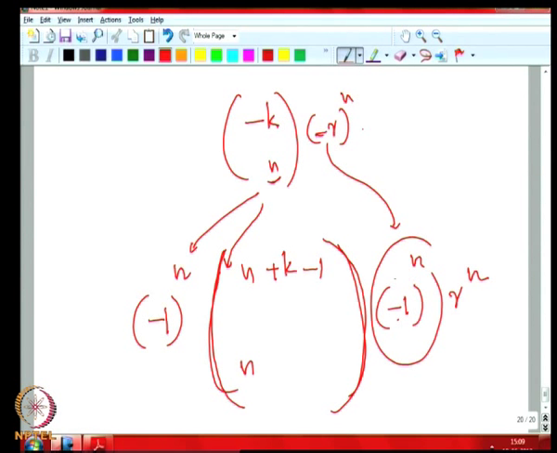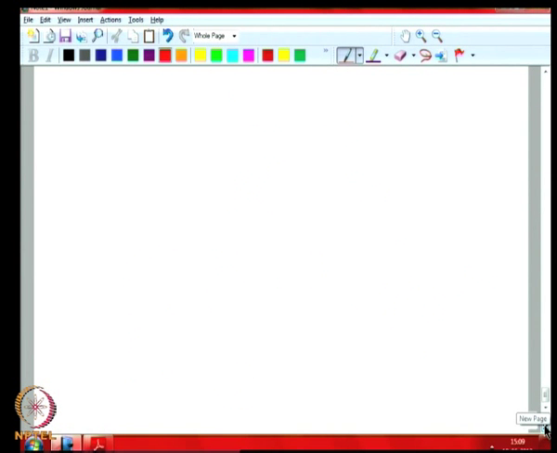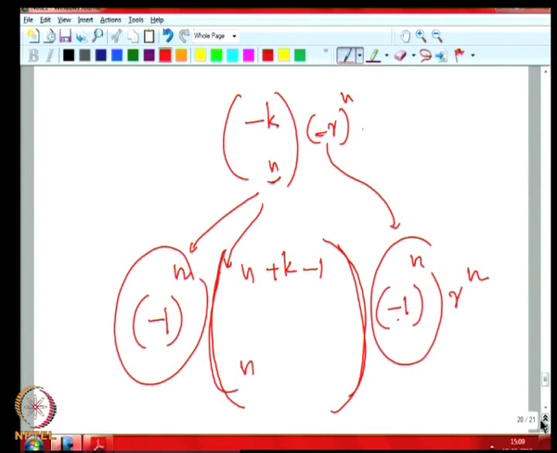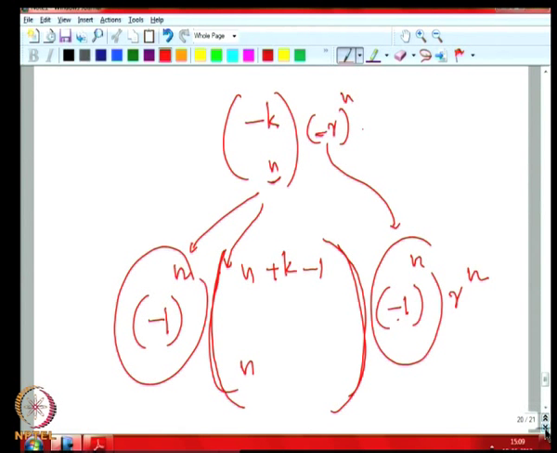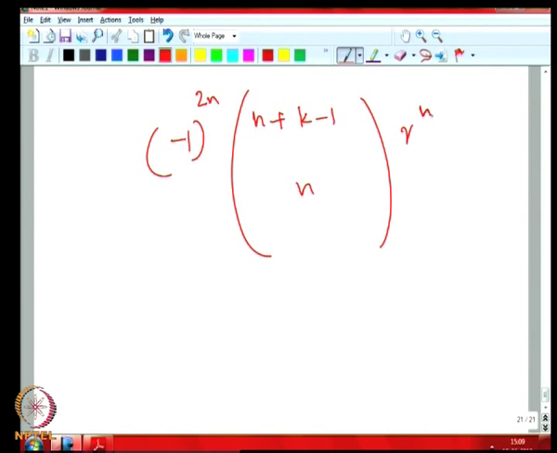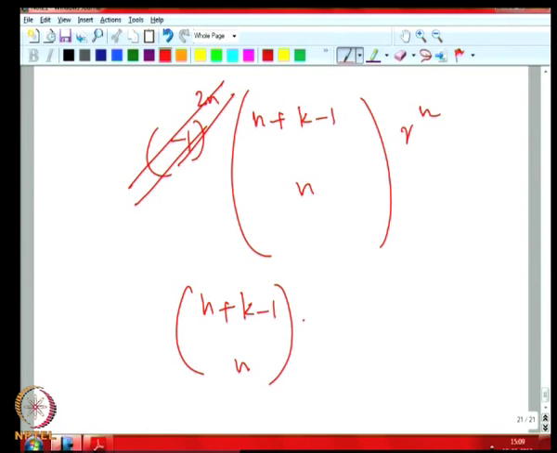This minus 1 raised to n into minus 1 raised to n will combine to form minus 1 raised to 2n, into n plus k minus 1 choose n into r raised to n. This will go away because it is just 1. So we will get n plus k minus 1 choose n, r raised to n. This is the general term.